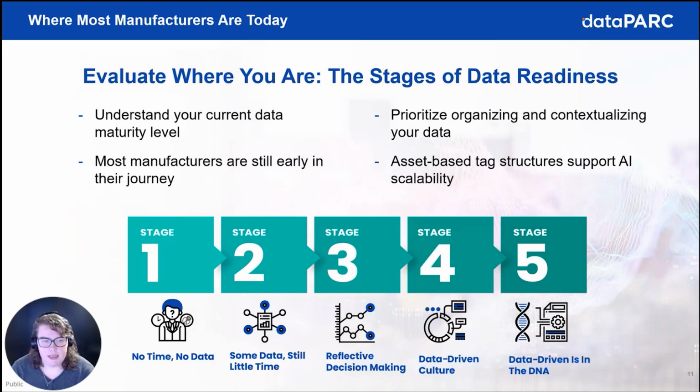That is where this asset-based tag structure is going to come in, and your data is going to be organized around assets. It becomes much easier for both humans and AI models to understand those relationships and patterns. That clarity makes it scalable and repeatable and far easier to maintain long term.